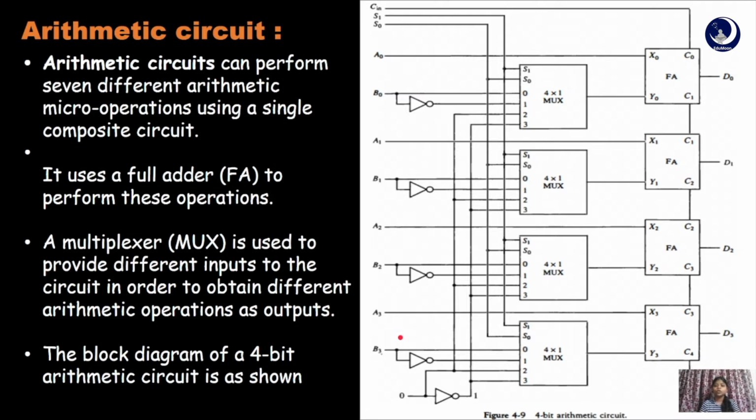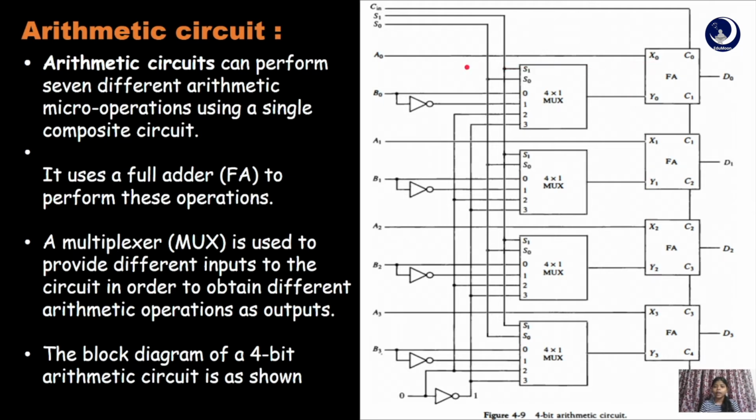Here we consider two binary numbers of 4 bits each, say A and B, and 4 full adders. The full adders have two inputs x and y, that is, x0 and y0 are the inputs of the first full adder, x1 and y1 are the inputs of the second full adder, x2 and y2 are the inputs of the third full adder, and x3 and y3 are the inputs of the fourth full adder.